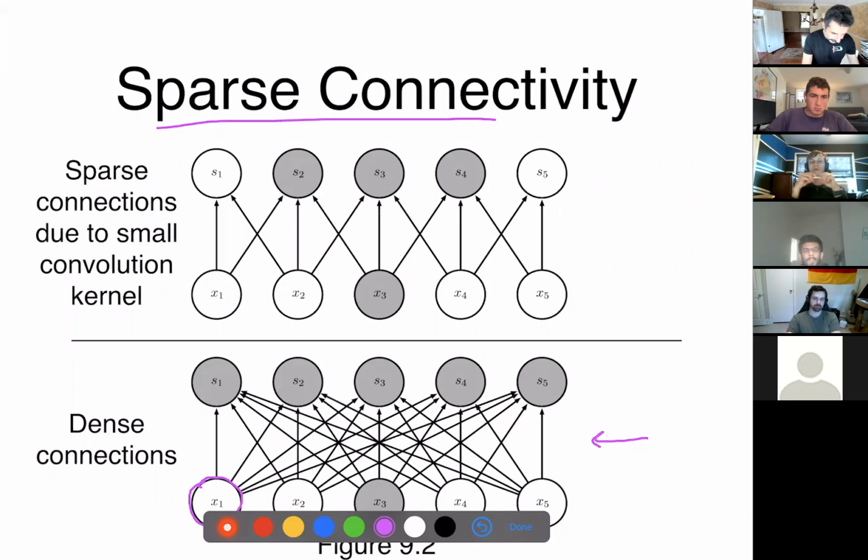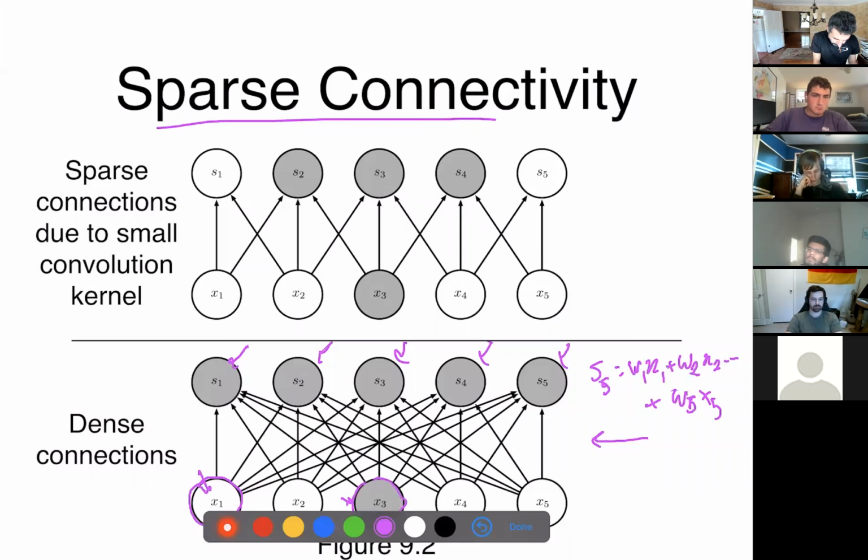Why? Because you calculated S5, for example, by doing what? By doing weight 1 with X1 plus weight 2 with X2 plus weight 5 with X5. All of this, right? Including X3 with weight 3, right?